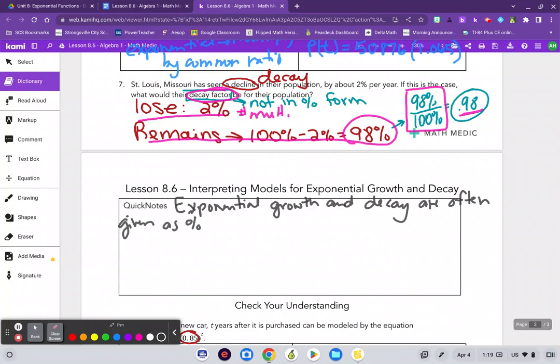And so what I need to do is I need to rewrite as a decimal. I'm careful to say that though, because sometimes the percents are decimals.